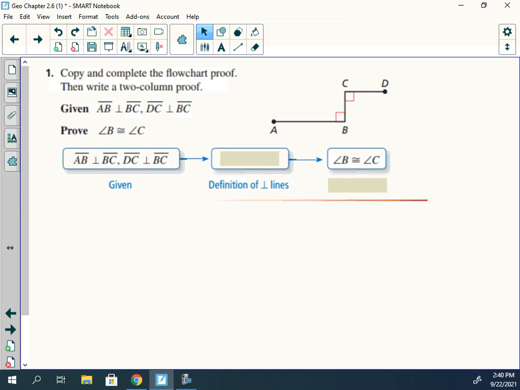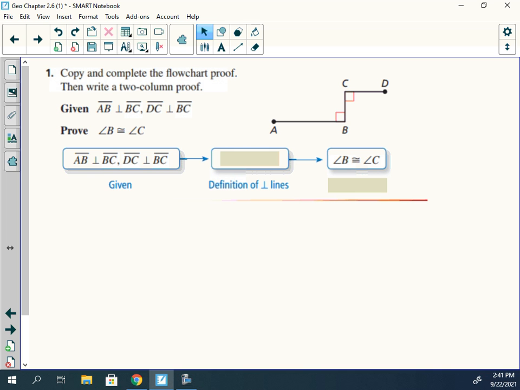Copy and complete the flowchart proof, then write a 2-column proof. So, they already filled in the given information for us. Line segment AB is perpendicular to line segment BC. And we also have that DC is perpendicular to BC.